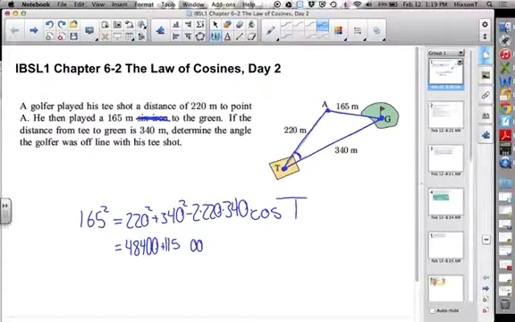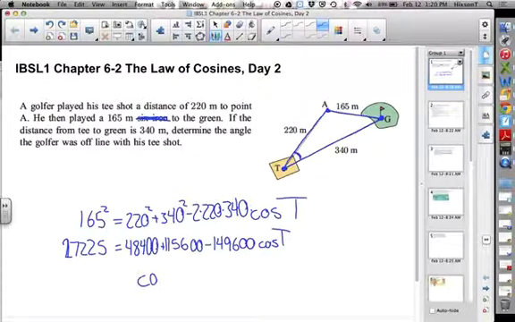And then the sum is 149,600, and the cosine term. And then what's 165 squared? 27,225. Obviously you don't necessarily have to write down all of those.